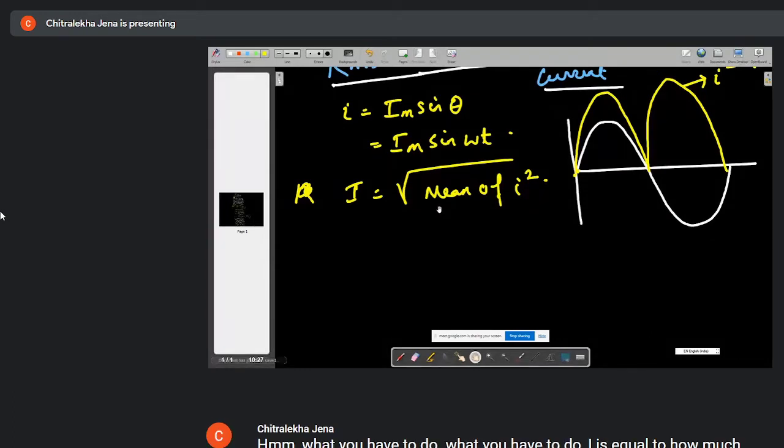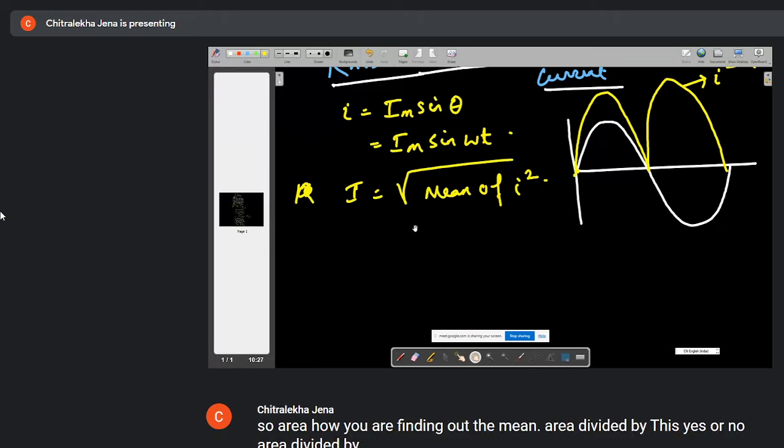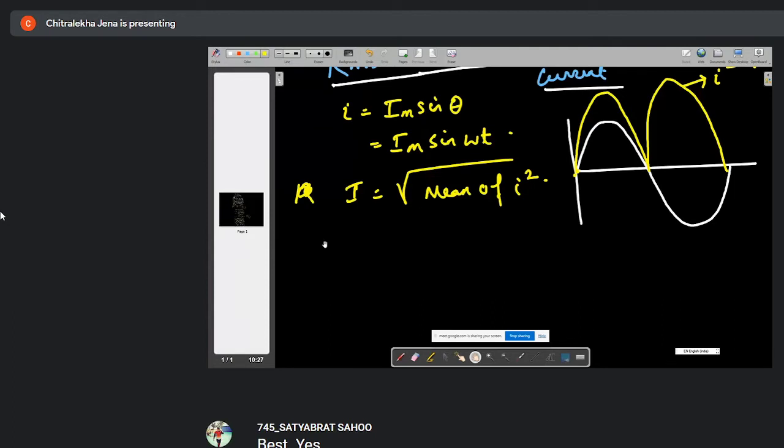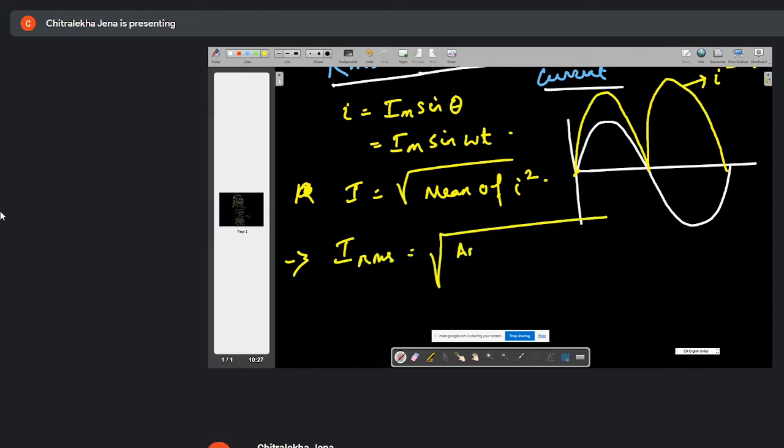Area divided by base. Yes or no? Yes, ma'am. Area divided by base. So I can write down, this implies IRMS will be equal to how much? Square root of area of half cycle squared wave divided by what?